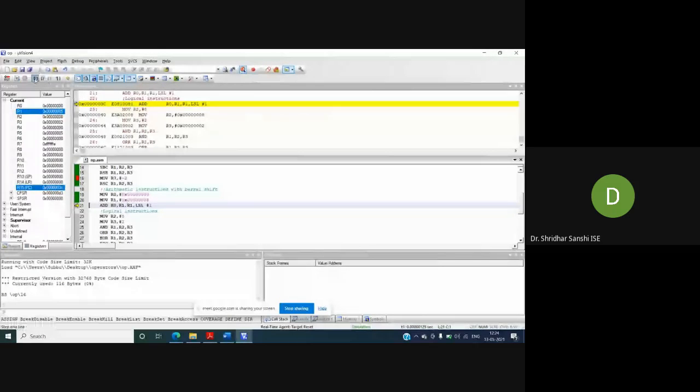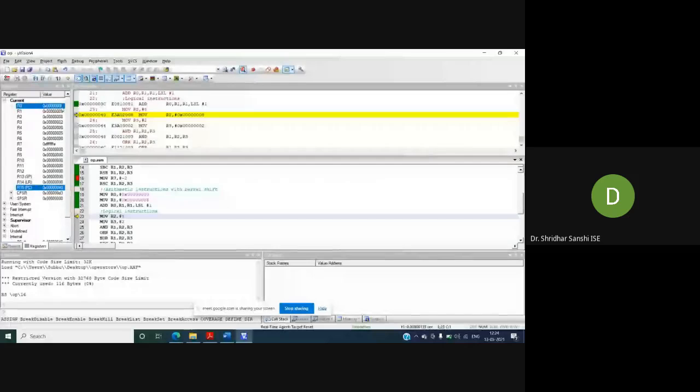You can see the result is 15. This is how we can use barrel shift operations along with the arithmetic instructions.